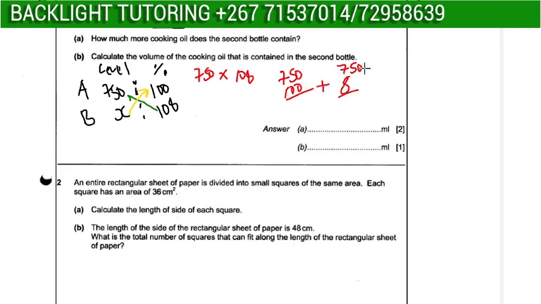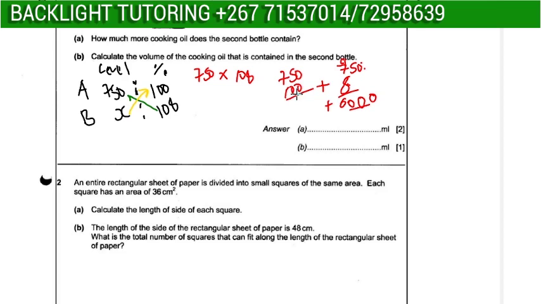So 8 times 0, 0. 8 times 5, 40, carrying 4. 8 times 7 is 56, 56 plus 4 will be 60, right? We have 6,000 plus 100 times 750.